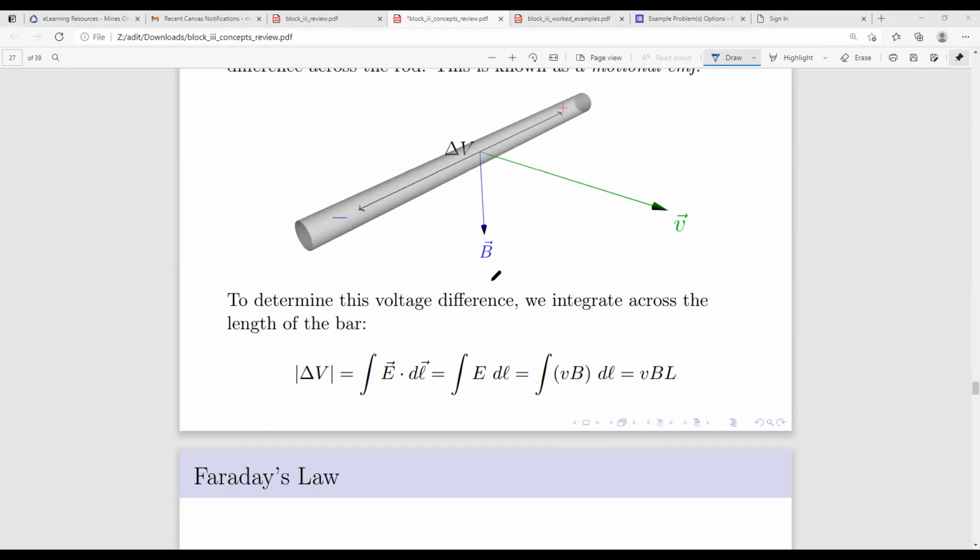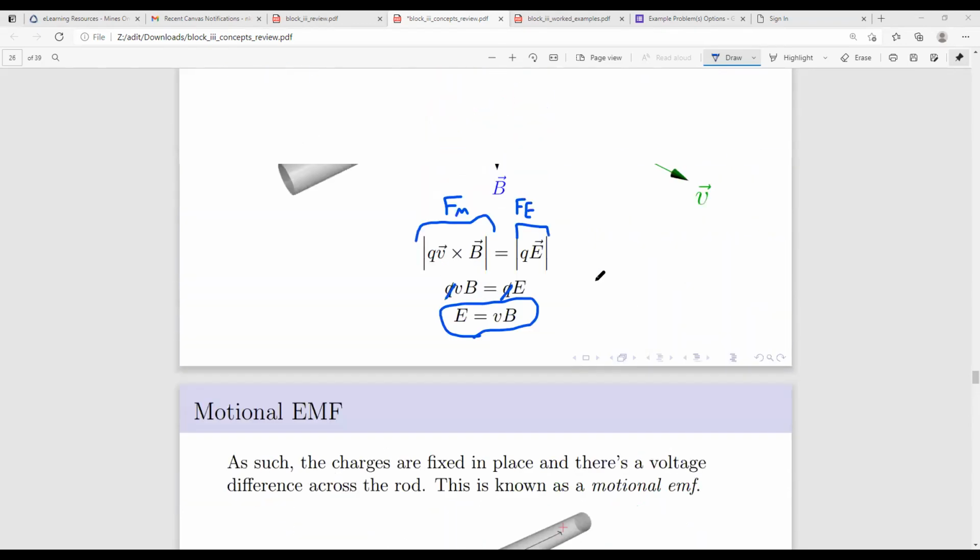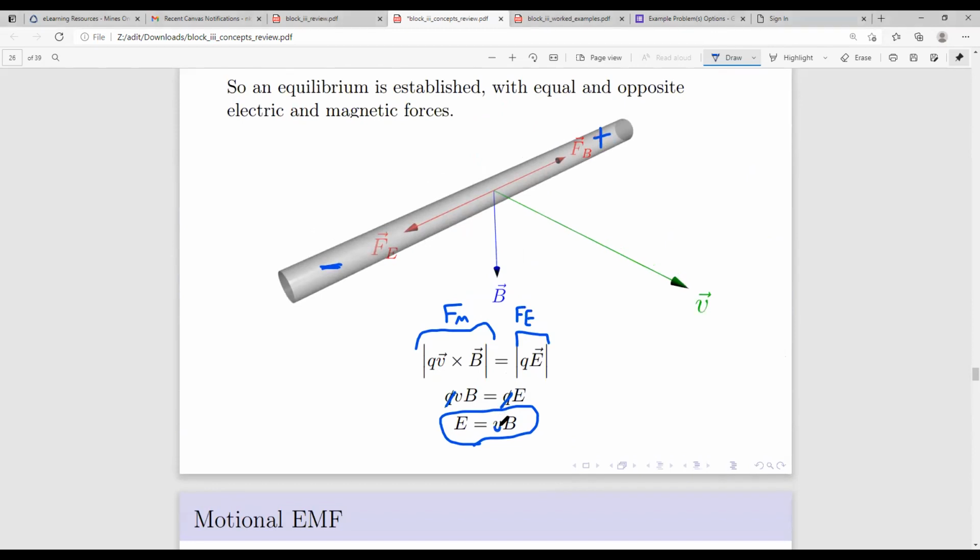Nick, I see one. The question is, is the small v in E equals V times B voltage or velocity? That is going to be velocity. That's the velocity at which the rod is moving. Let's keep things consistent with colors. That was the green velocity that the rod was moving with.